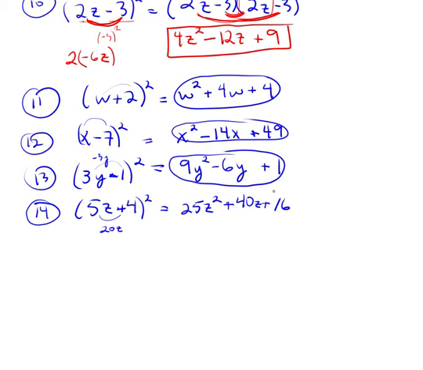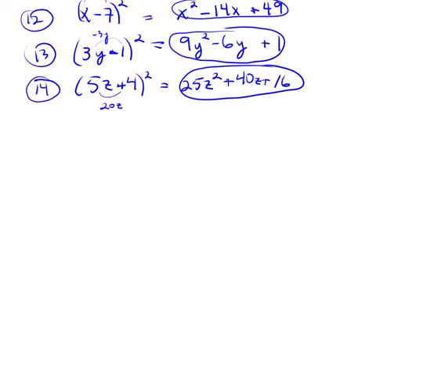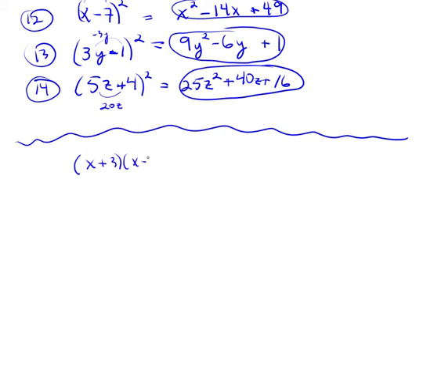Now I have one more thing to talk about, because once we learn about both of them, sometimes people mix up both of those. So if we have, say, x plus 3 times x minus 3, they think, can I just make that a simpler one?